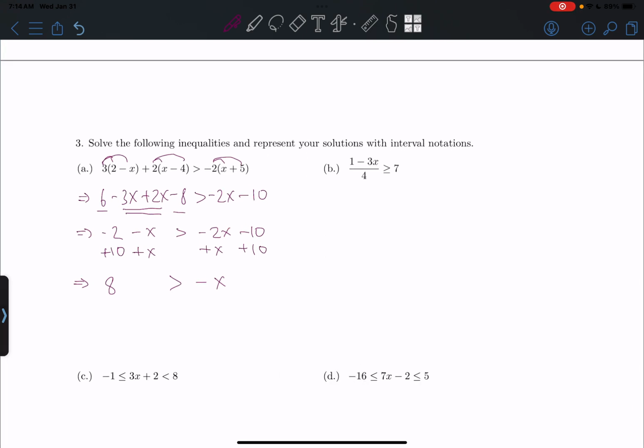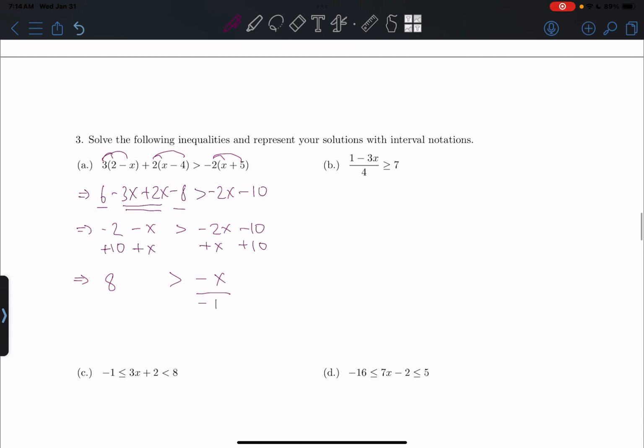Addition and subtraction never changes the sign. Now I divide by -1. I do need to change the sign. So that is my answer, but now I need to write this in interval notation.